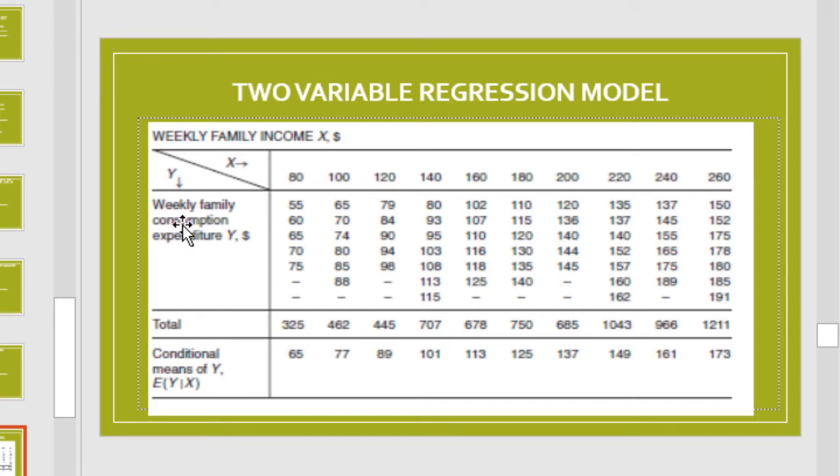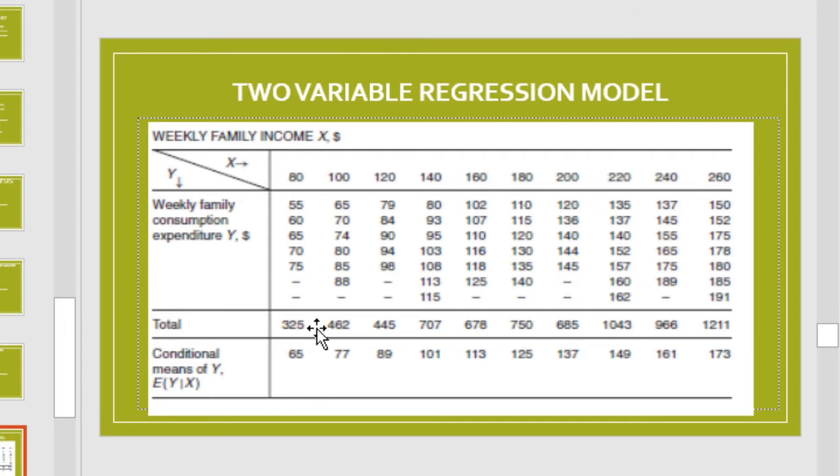Therefore, the dependent variable is the consumption expenditure and the independent variable is the weekly family income of the household. Weekly family consumption expenditure is the dependent variable, and we are going to estimate the mean or predict the value of the consumption expenditure based on the given or fixed value of the explanatory variable.